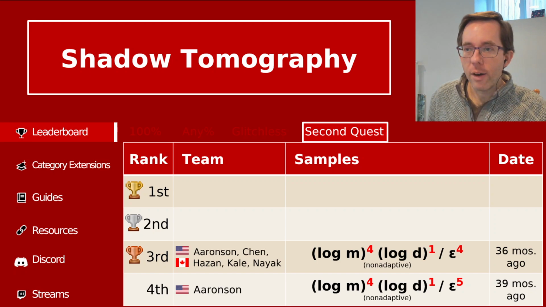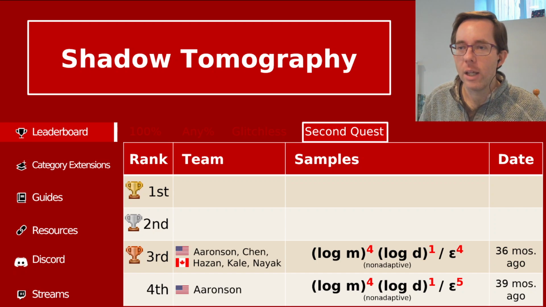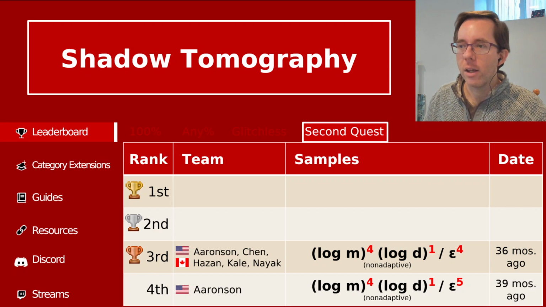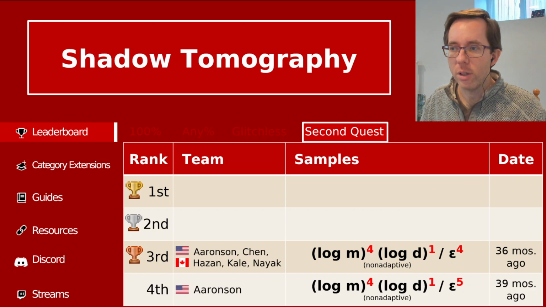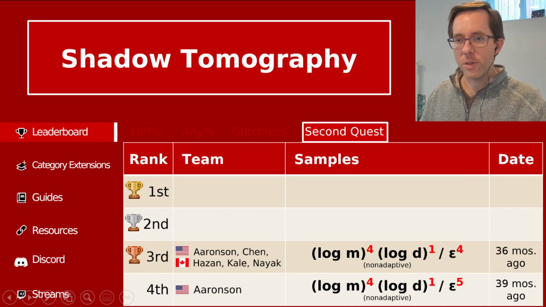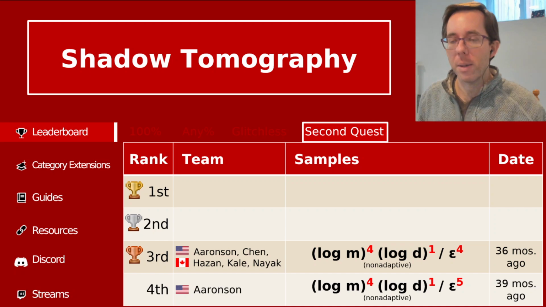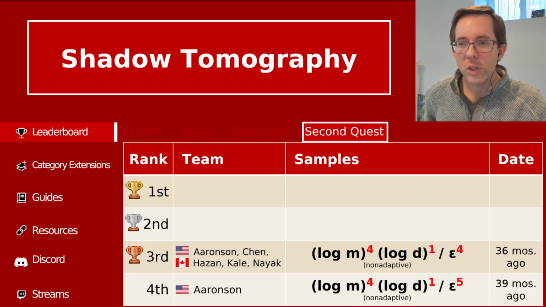Okay, shortly thereafter, in a work of Aaronson, Chen, Hazan, Kale, and Nayak, they brought in some actual classical learning theory ideas and got a slightly improved result. Same dependency on log m and log d, but they got the dependence on epsilon down to 1 over epsilon to the 4th. That was also non-adaptive, which is a modest improvement, but the idea introduced in that paper is very important, and we'll use it in our work.